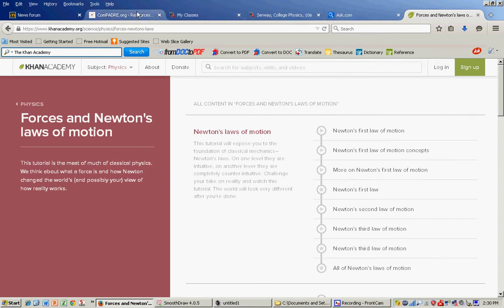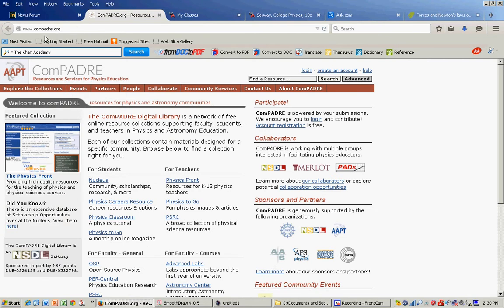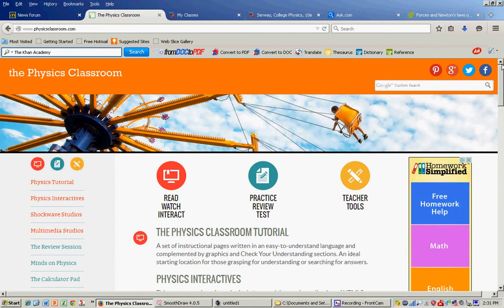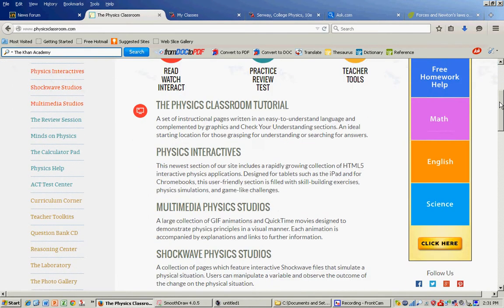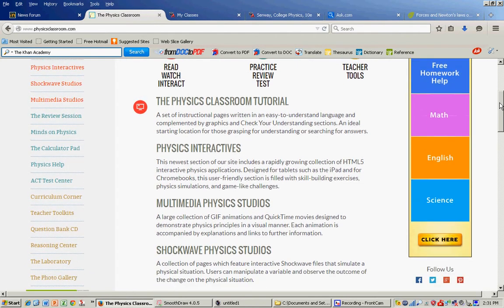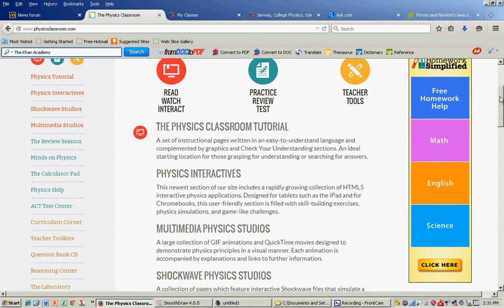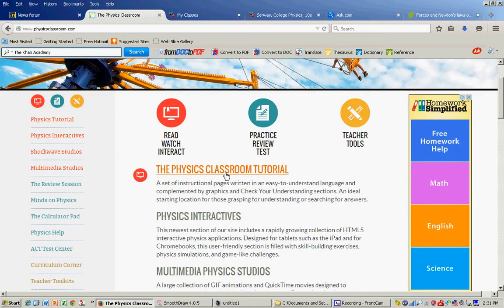Okay, so this is a good resource. You should use it. Another resource, you go to www.compadre.org, and you look for physics classroom. And then you have a lot of resources here, and what we are focusing on now is the physics classroom tutorial.